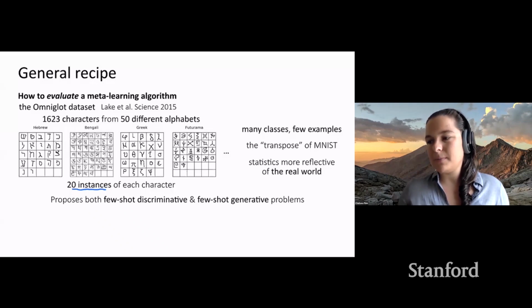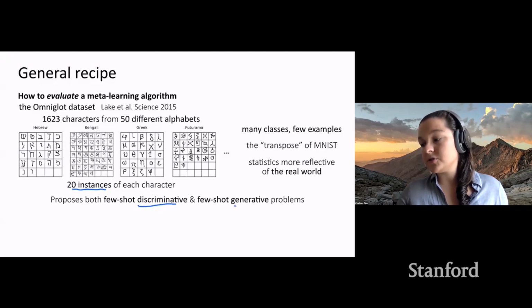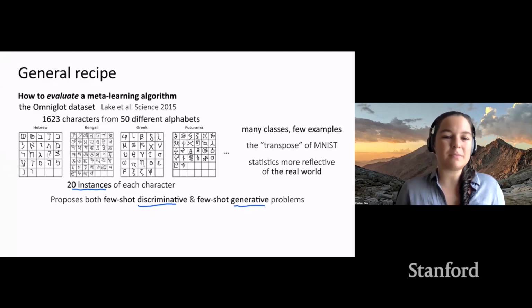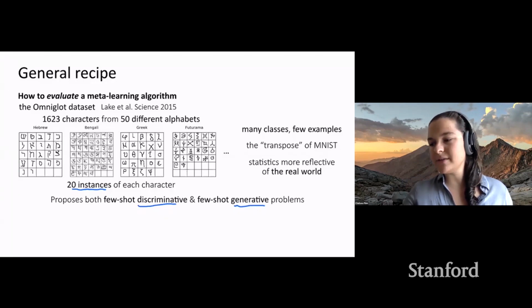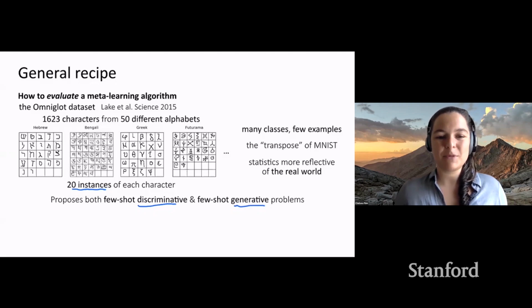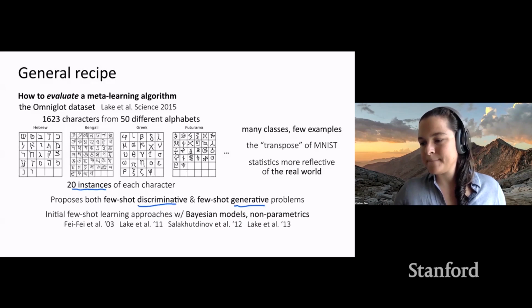The Omniglot paper, proposed by Brenden Lake in 2015, actually proposes two different kinds of problems: a discriminative problem where you want to classify the character from the image, as well as a generative problem where, given one or a few examples of a character, you want to generate more instances of that character. Although to date, the discriminative version has been much more popular and widely used.